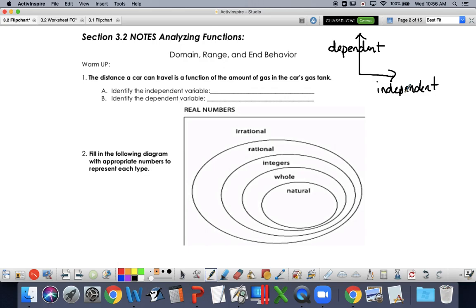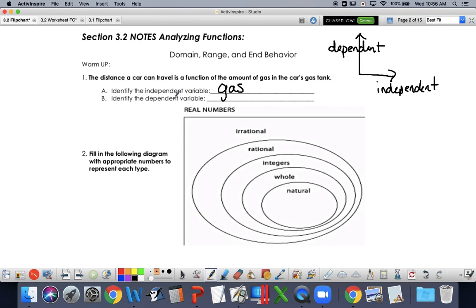So our warm-up question says, the distance a car can travel is a function of the amount of gas in the car's gas tank. So what is our independent variable in this type of scenario? Well, the independent variable is how much gas you have in your tank, right?